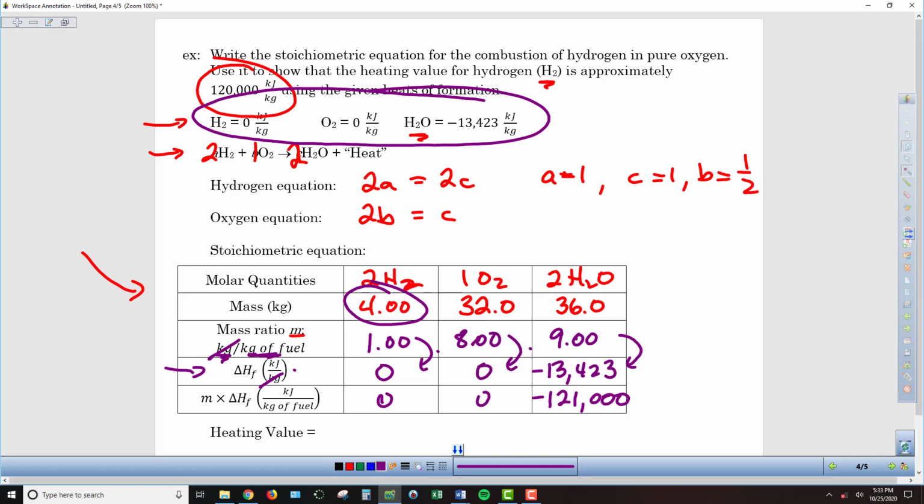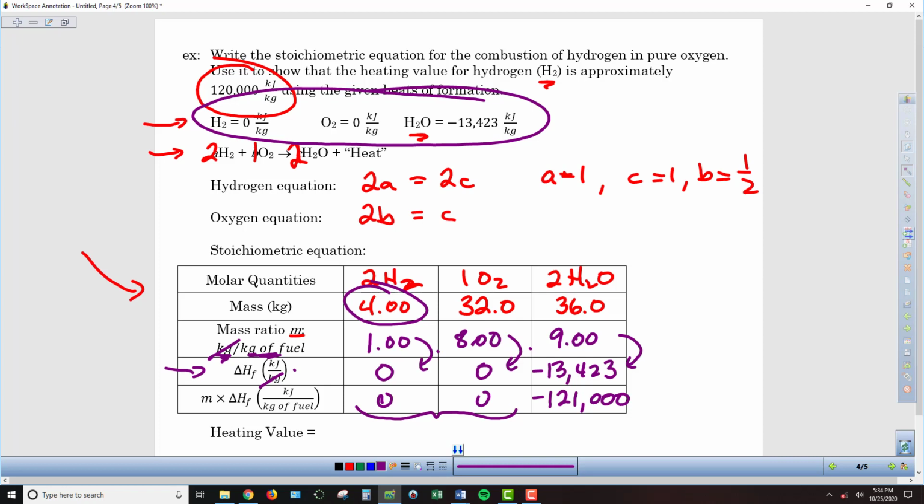And so then our last step to figure out the heating value of our fuel, in this case the hydrogen gas, we're going to subtract. We're going to take the heat that is required from the reactants minus the heat that is released from the products.